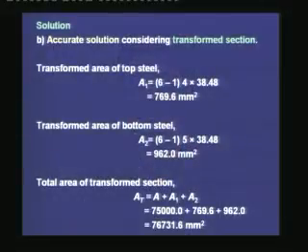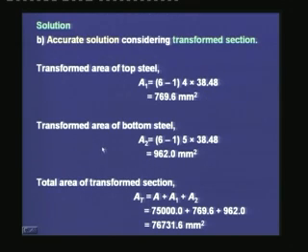The same solution can be done by the more accurate method using the transformed section. Now, the transformed area of the top steel is given as the modular ratio minus 1 times the area of the prestressing steel.